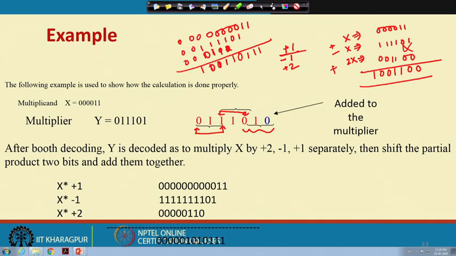So, now I will get 1 0 1 0 1 1. Actually, 2x means, not here, this will be 1 0. Just a 1 bit shift, that means 1 0 at the LSB position. If I have to do 4, at that time I will append 2 zeros at the LSB position. Okay. I made that mistake at the time.